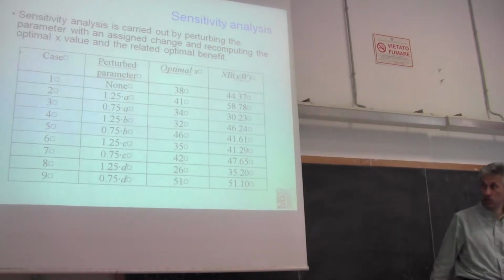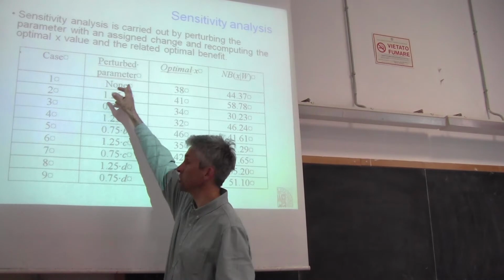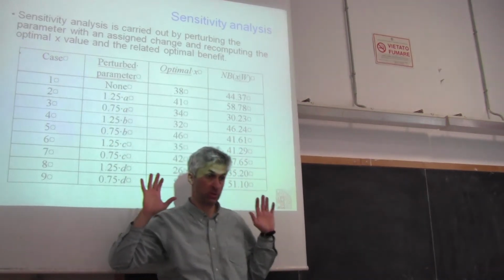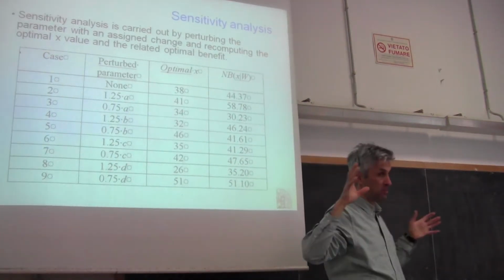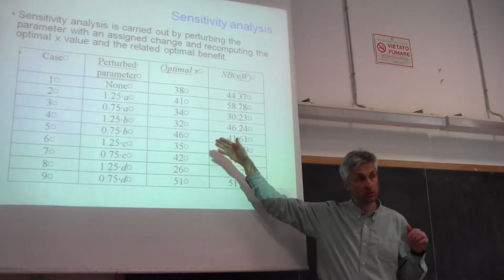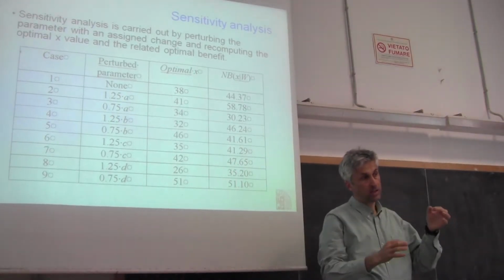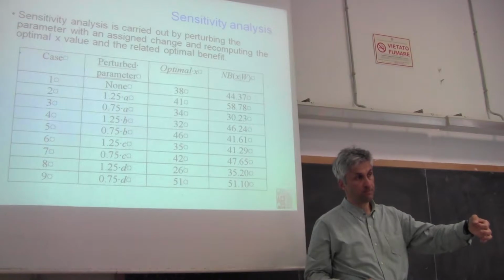So let's assume then that we make reference to our situation where I have no perturbations. And now the purpose is to quantify the magnitude of these mistakes that I made when I introduced the perturbations.